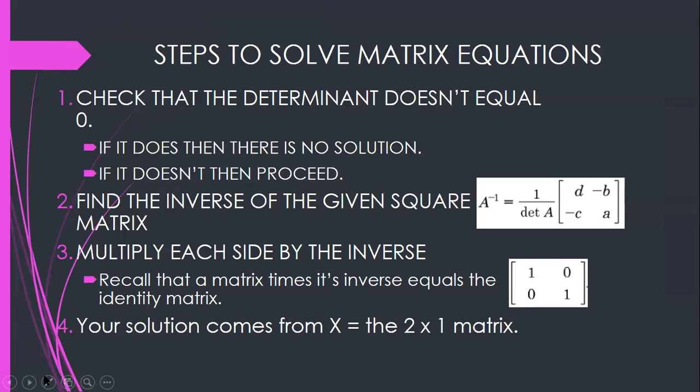So here are the steps that we're going to follow. Step 1, we check that the determinant doesn't equal 0. If it does, then there is no solution. If it doesn't, then we proceed. 2, we find the inverse of the given square matrix. Okay, and we're going to multiply each side by the inverse.